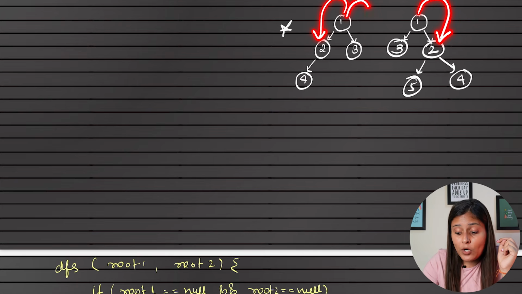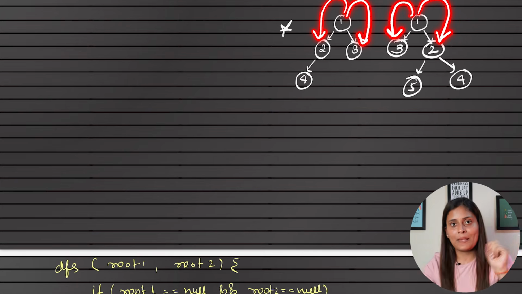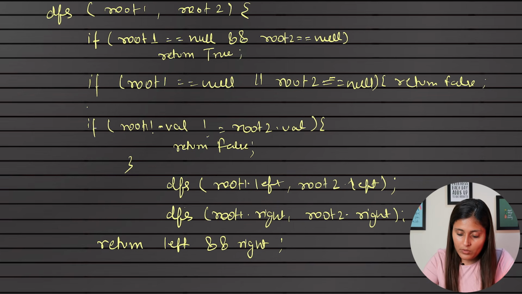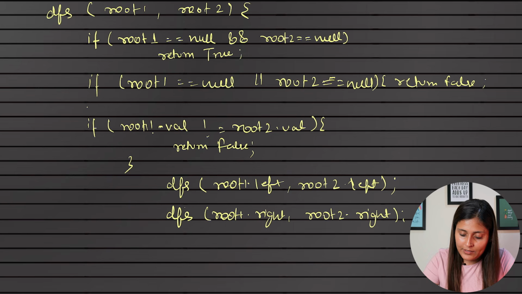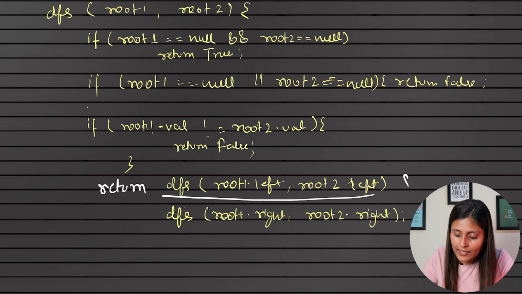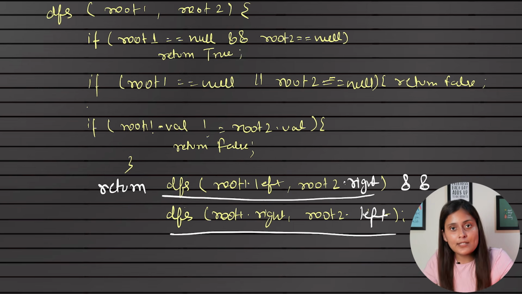Similarly, root 1 dot right matched with root 2 dot left, and that's it. Yes. So basically I just showed you that this left right do not need to store. We can simply add in the return statement either this call and this call, but with root 1 dot left root 2 dot right will go, and with root 1 dot right root 2 dot left will go, and that's it. Yes, yes.